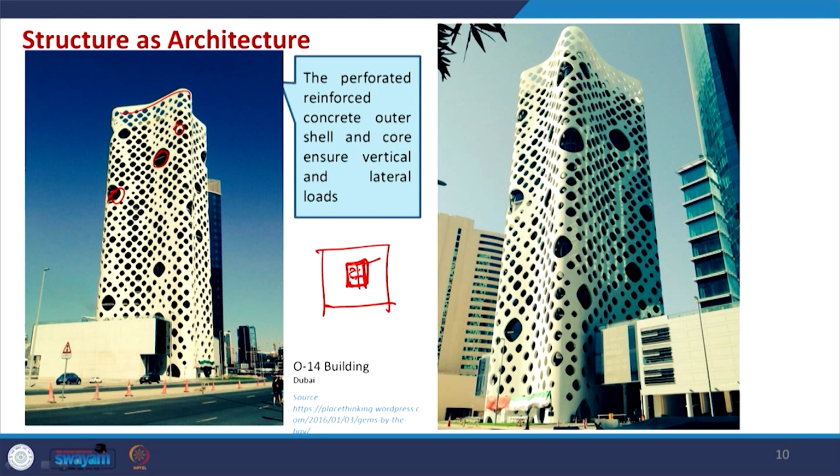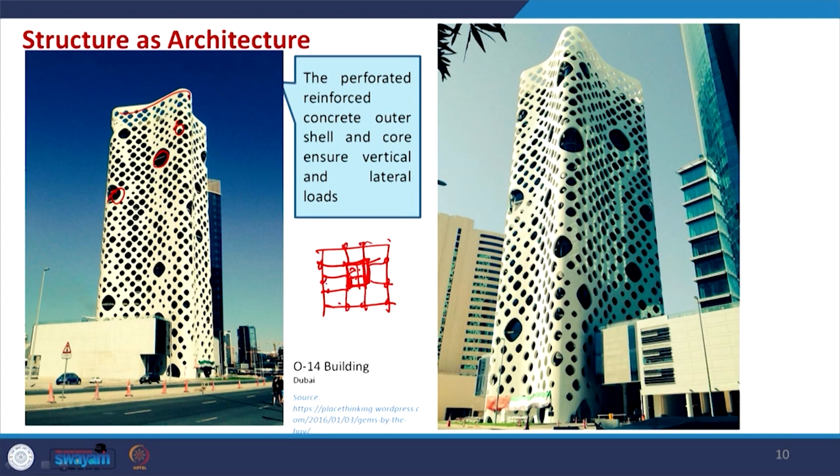Along with that, normally we use some very strong material, some shear walls or something, which will support the other external surfaces, so that you can reduce the thickness of the column.